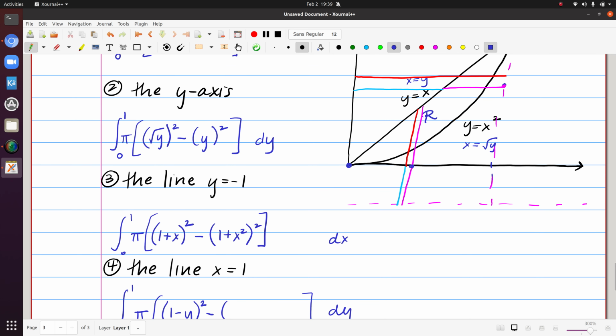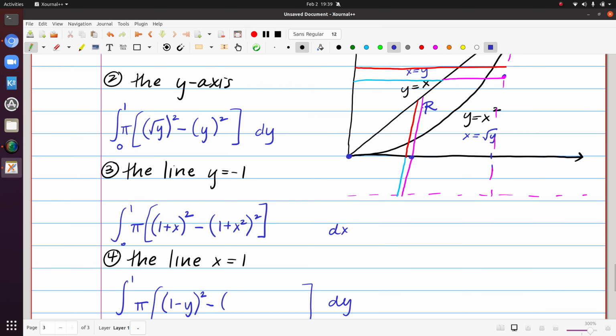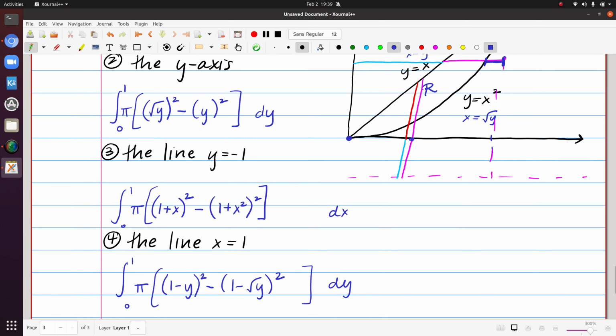So I can think about taking the original distance of 1 and subtracting that distance of square root of y to get the leftover part there. To be clear, that's going to give me this inner radius distance, and so I'm going to square that. That would be the setup dealing with the line x equals 1. And again, what we're seeing here is how we deal with an axis of rotation that is to the right of our region.